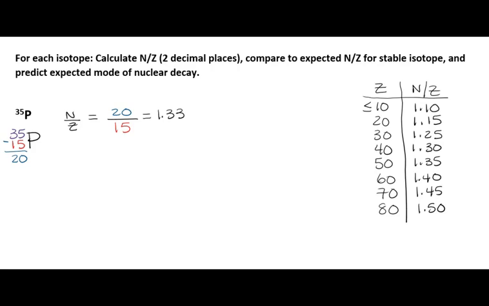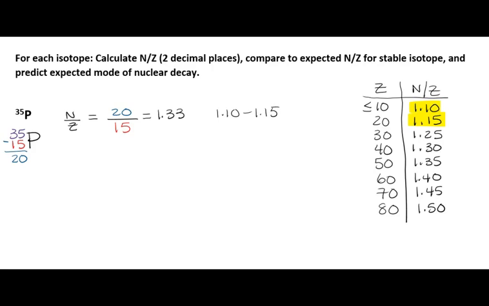The second part is comparing that to what we expect for a stable isotope. So for phosphorus, our atomic number, our Z, is 15, which is between 10 and 20. So we expect a stable value of N to Z to be between 1.10 and 1.15, approximately.